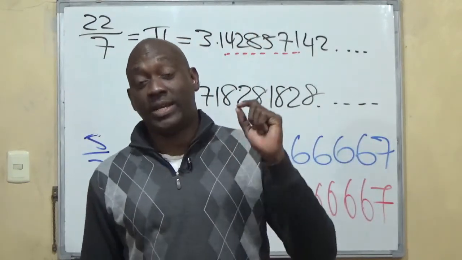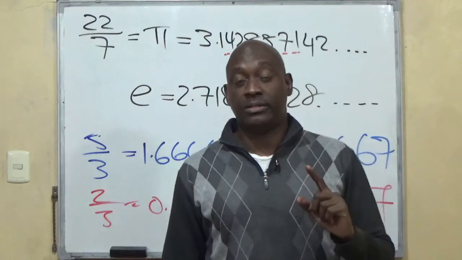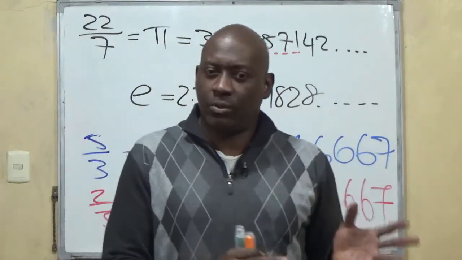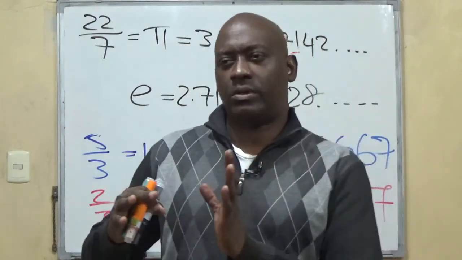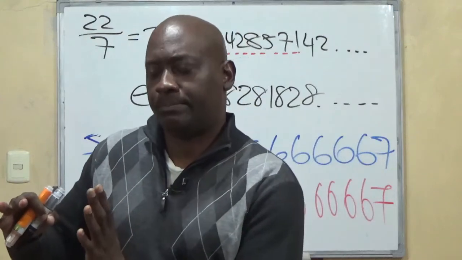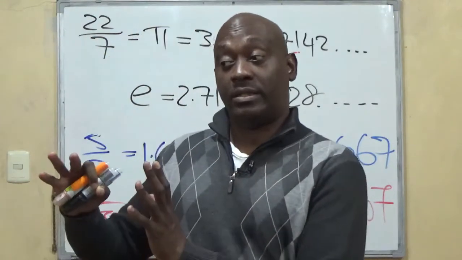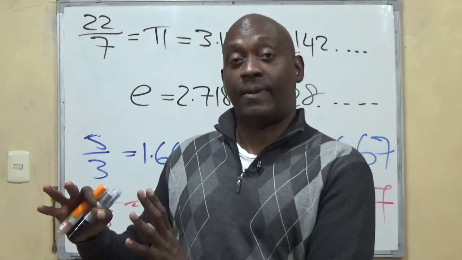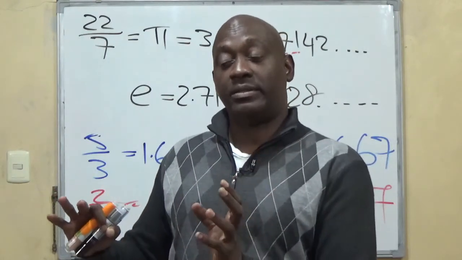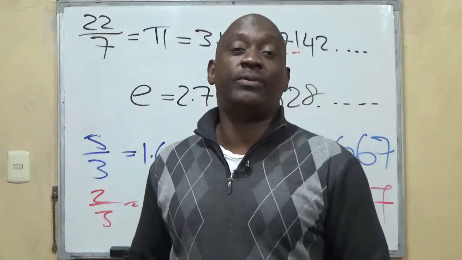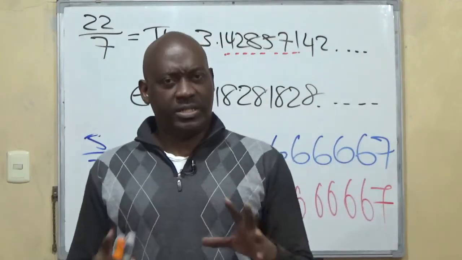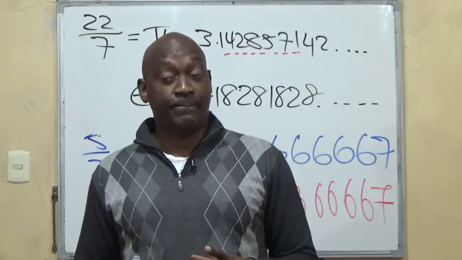Generally, when you divide by prime numbers, you also end up with irrational numbers. We will deal with prime numbers in the next video following this. I don't want to put too much in one space at a time.